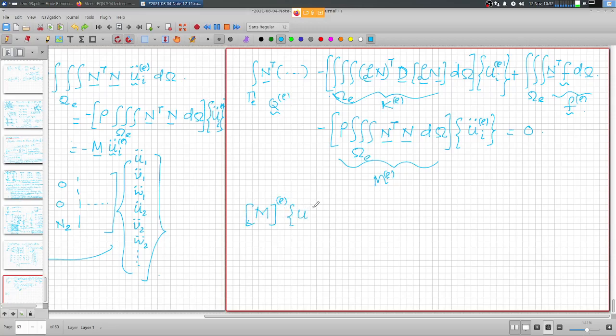Mass multiplied by accelerations plus stiffness multiplied by displacements is equal to the nodal equivalent of body forces plus the boundary tractions.